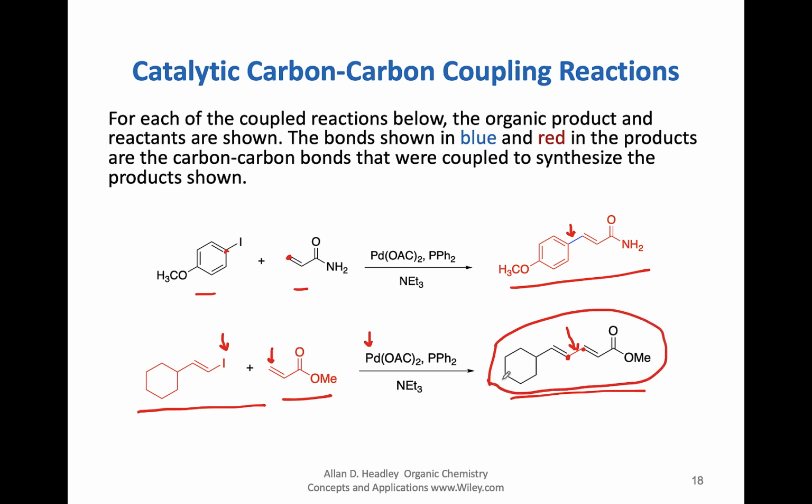So once again, I hope you have appreciated some of the chemistry here, or the importance of this chemistry. These three chemists actually got the Nobel Prize for the use of palladium to make new carbon-carbon bonds.